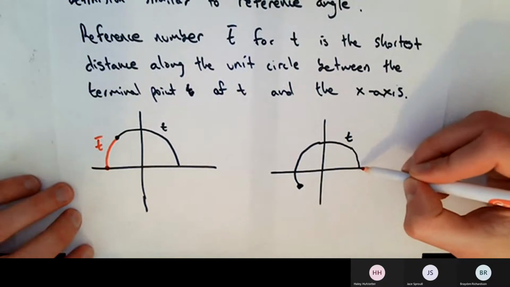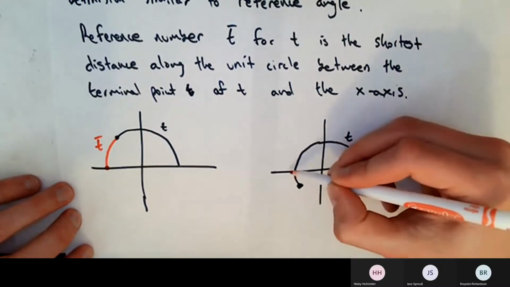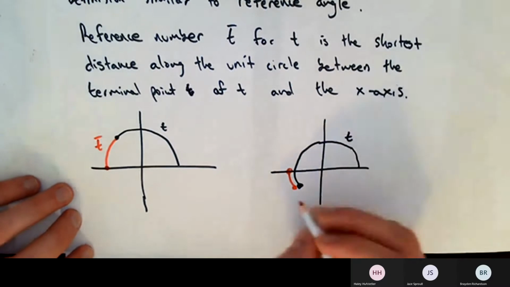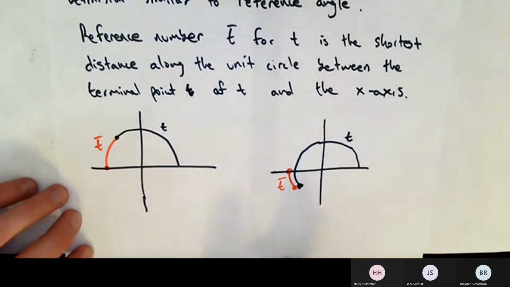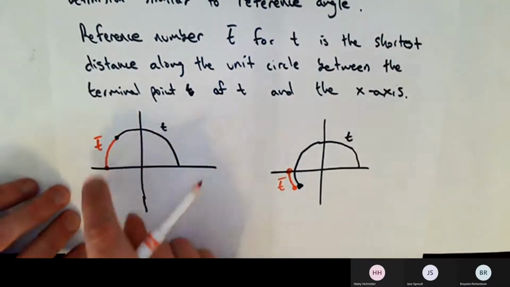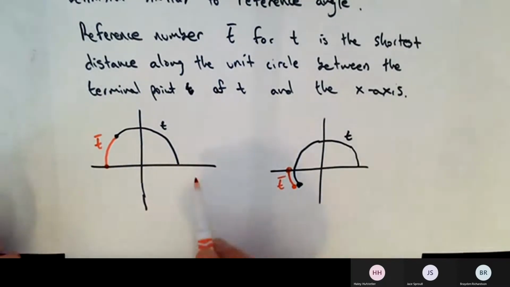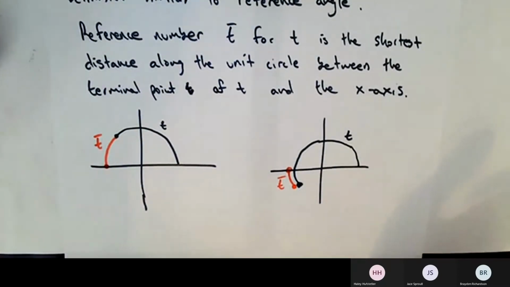I can either go like this to get back to the x-axis, or I can just go straight back, and of course that's what I want in this case. So sometimes it falls back on itself, and sometimes it just completes the arc. In the first quadrant, if t is in the first quadrant, they would just be the same angle, or same number. Okay.